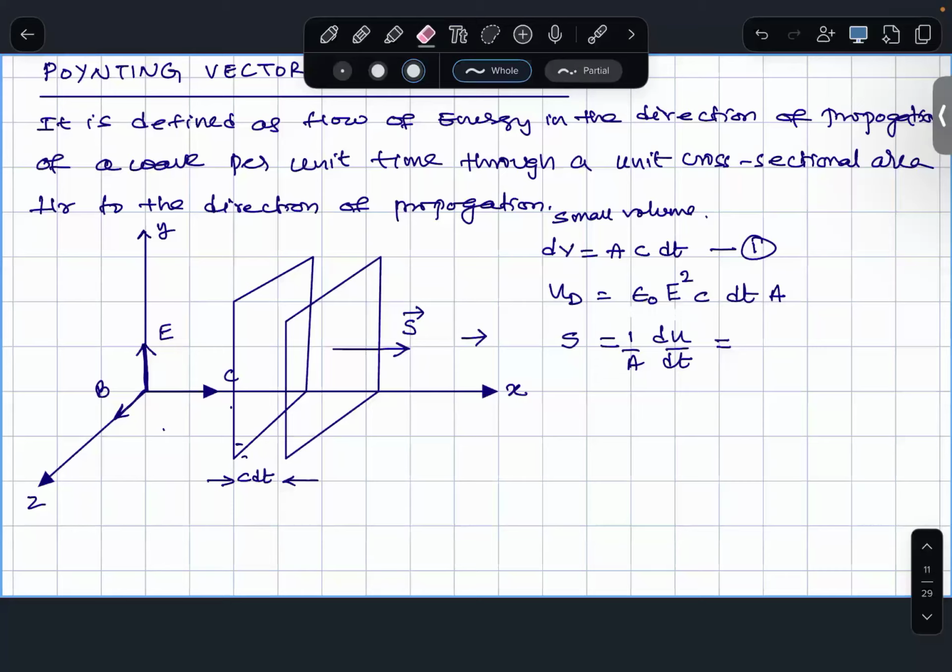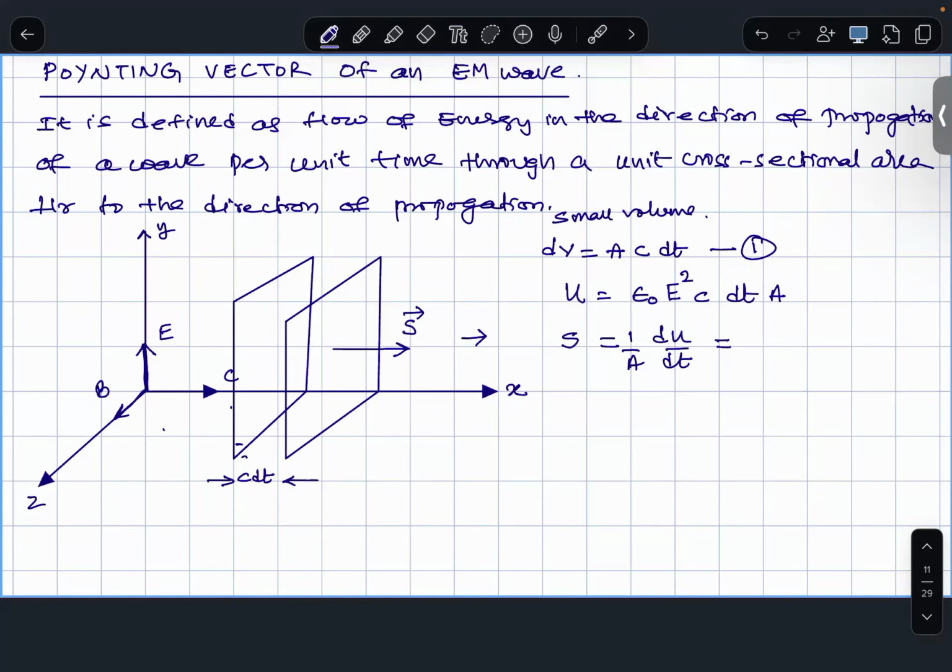This is UD. I should write this as U only. This part is UD. So therefore, that is Poynting vector.